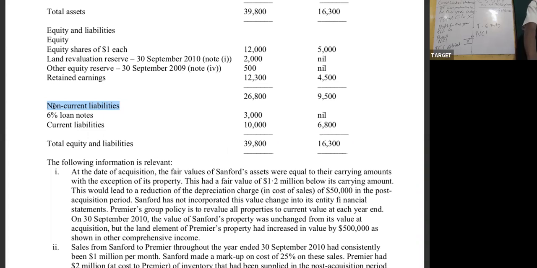Okay. Then current liabilities, you open a bracket, 10,000 plus 6,800. Then we now sum everything together. And that's all. So now we are done with the skeleton version of the consolidation.